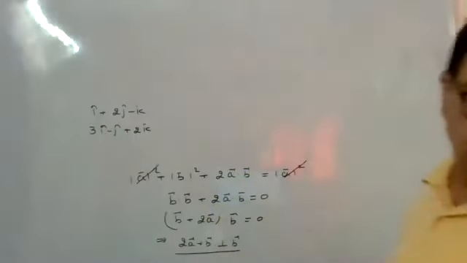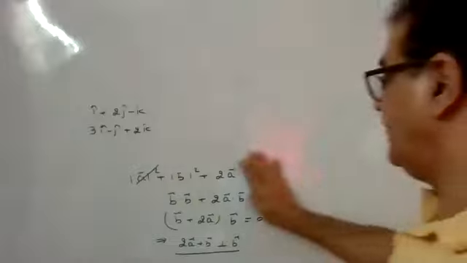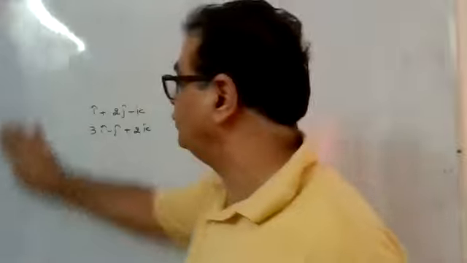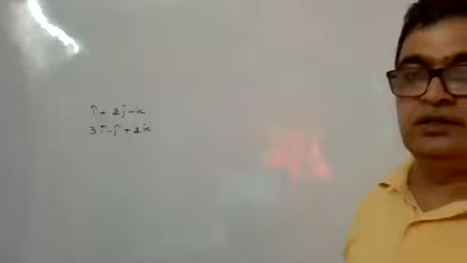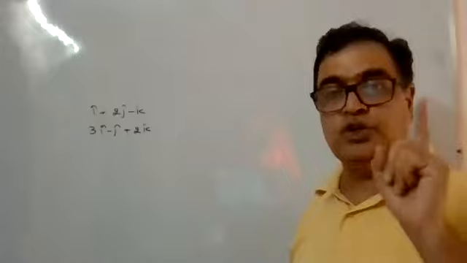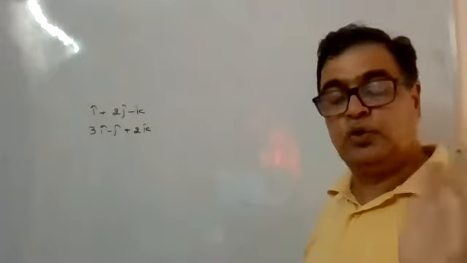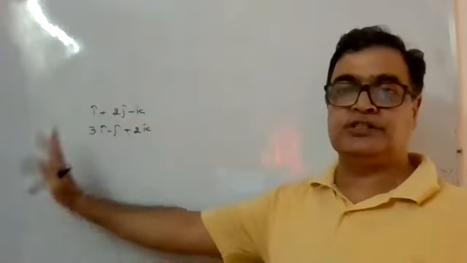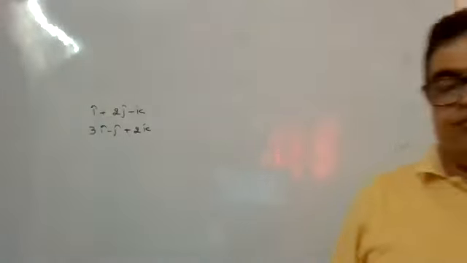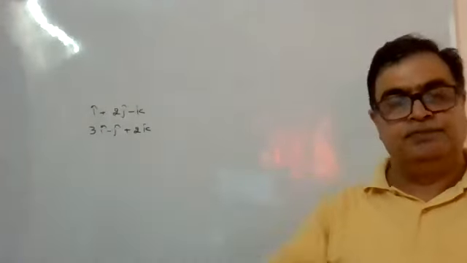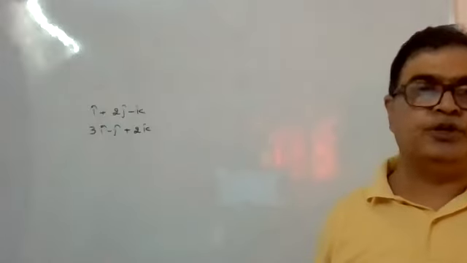I want the components of a vector which is perpendicular to these two vectors. One unit vector, whose components we should calculate, is perpendicular to this vector and this vector also. We have to find out the components of it.